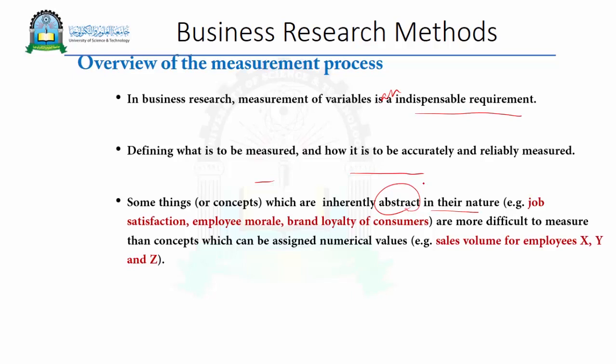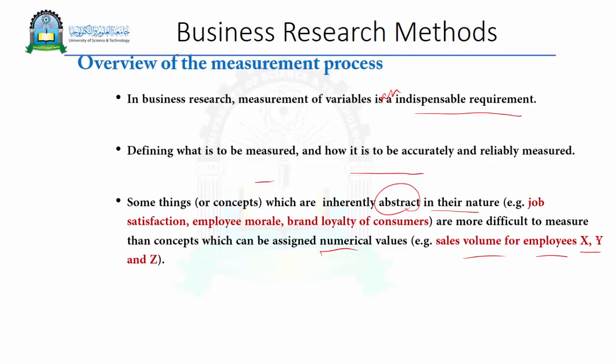And some of the other variables are numerical, like sales volume, number of employees. So a lot of variables can be quantitatively measured without going through the operationalization technique, which I have just talked about.